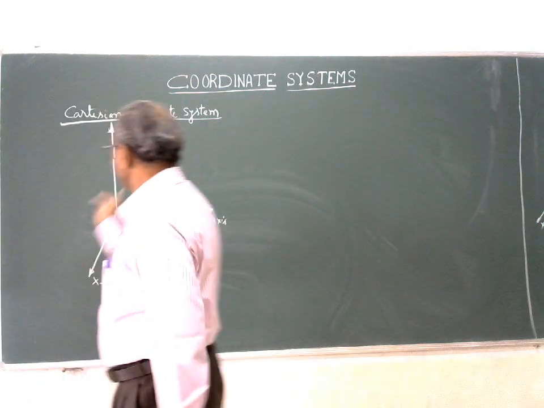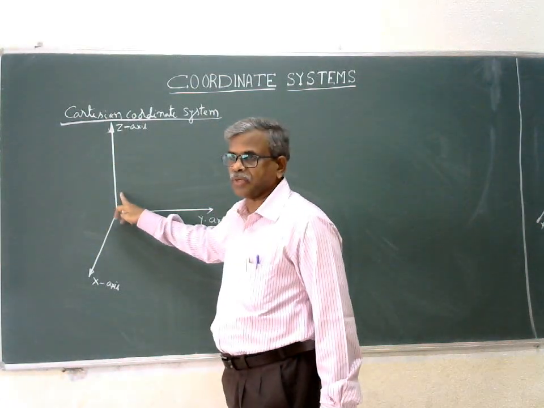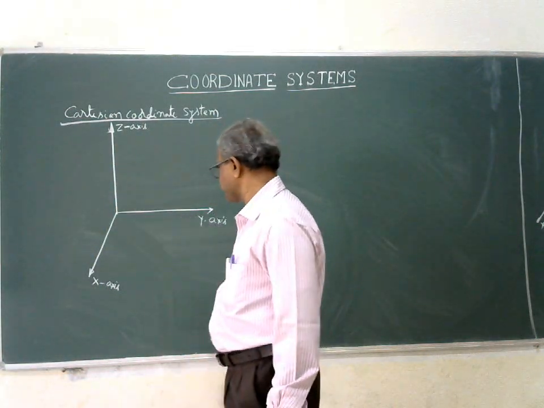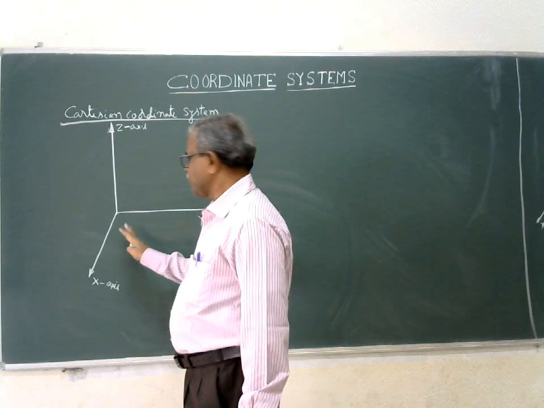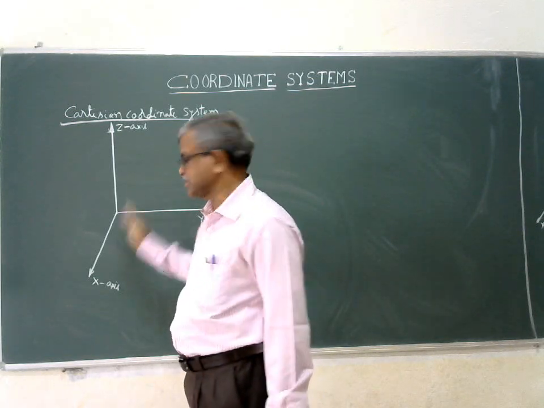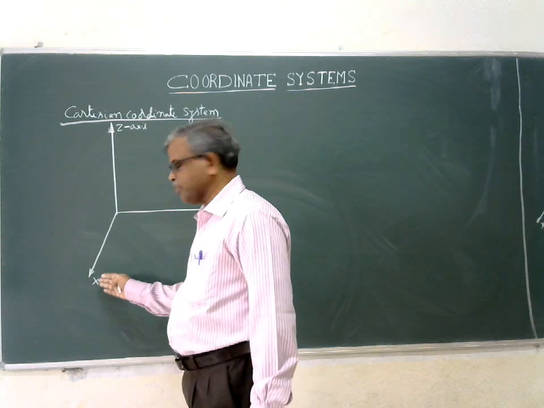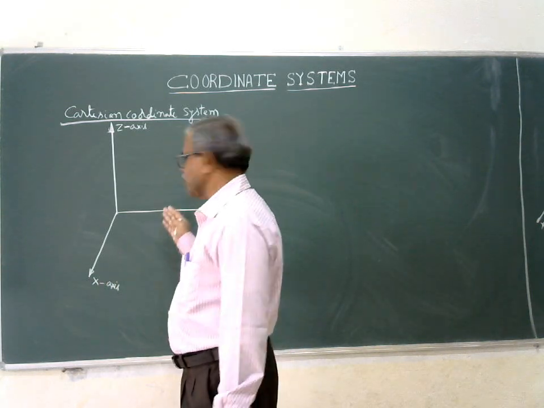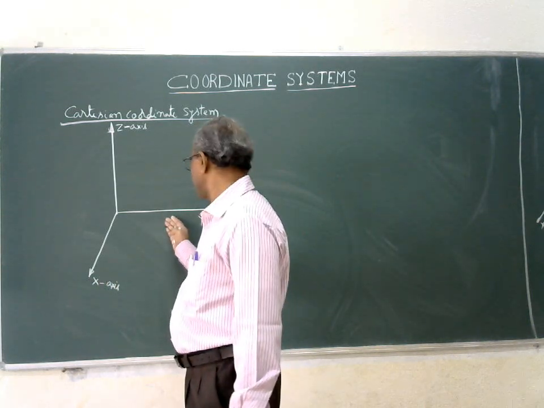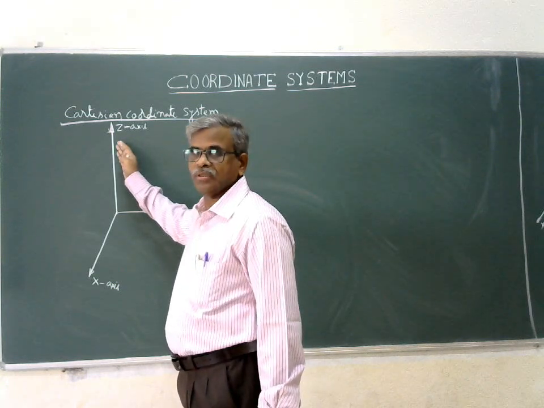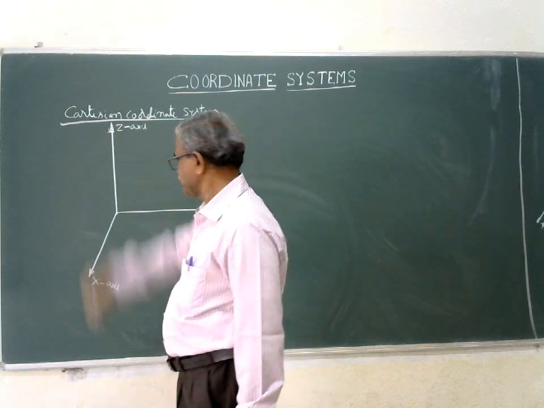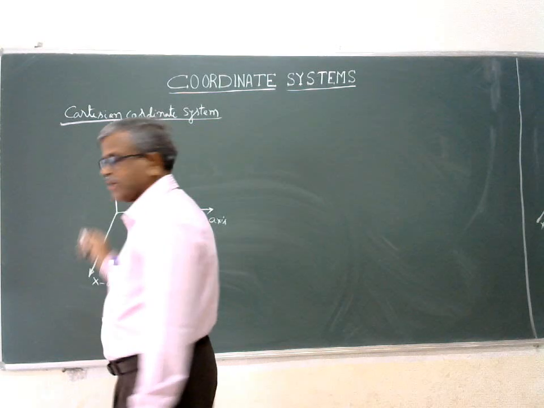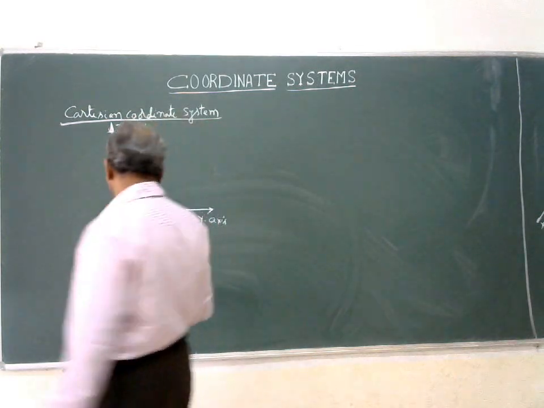We have three axes, and they are mutually perpendicular to each other. We are choosing a right-handed coordinate system. Rotation of the positive x axis towards the positive y axis will give the positive z axis. And unit vectors are represented by this.